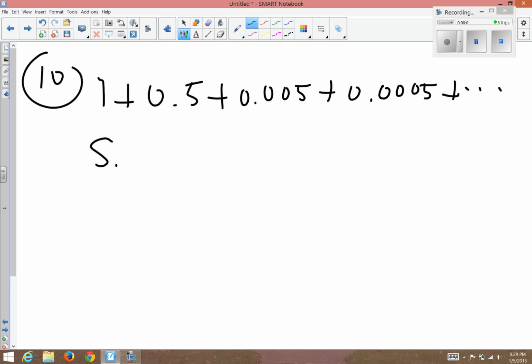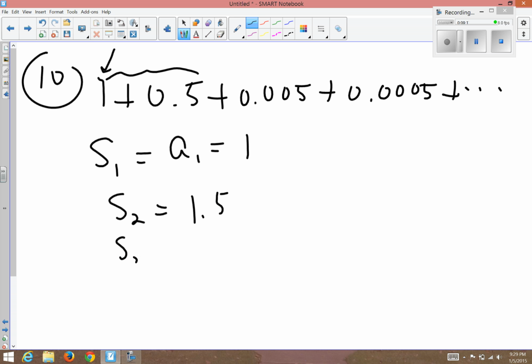S subscript 1 means exactly the same as A sub 1, which is this term. S sub 2 means the sum of the first two, which is 1.5. S sub 3 is the sum of the first three, which is 1 plus 0.5 plus 0.005.